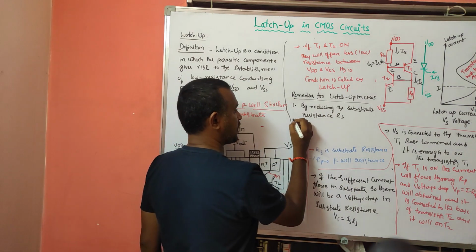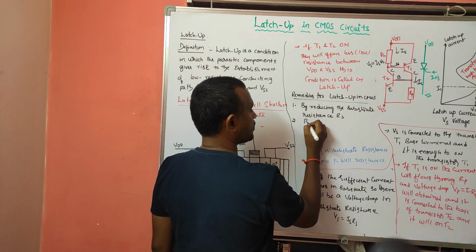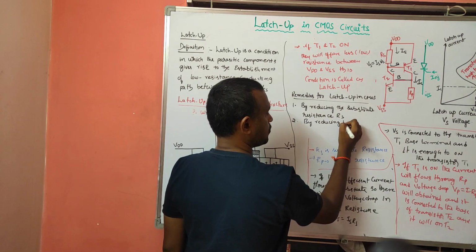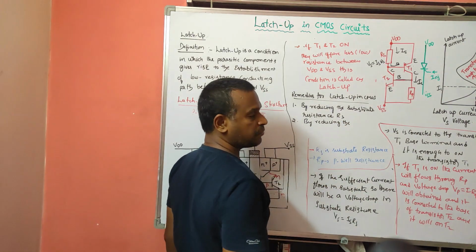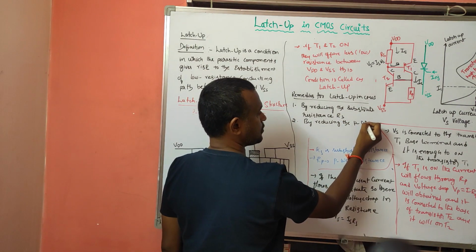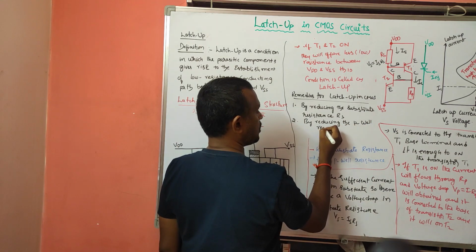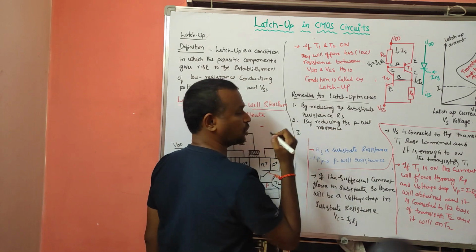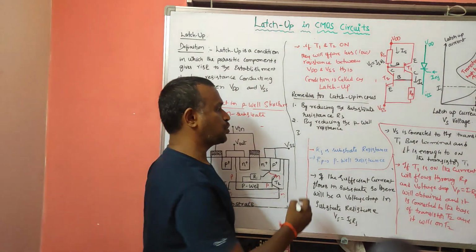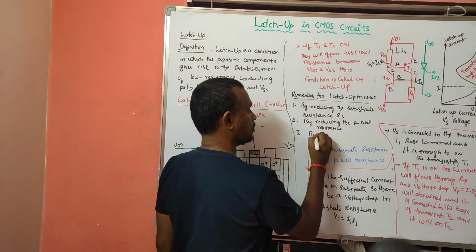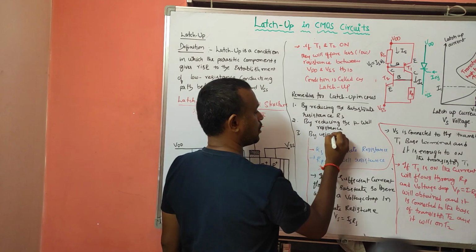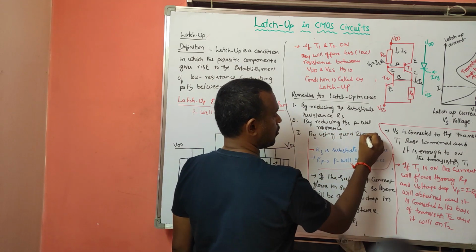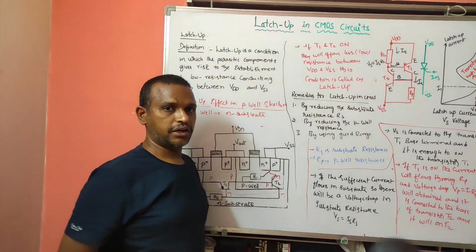And the second one is by reducing the P-well resistance. And finally the third one is by using the guard rings.